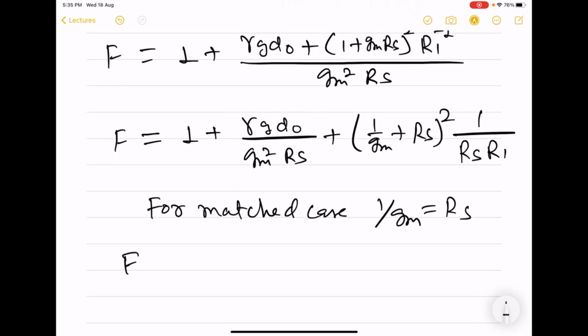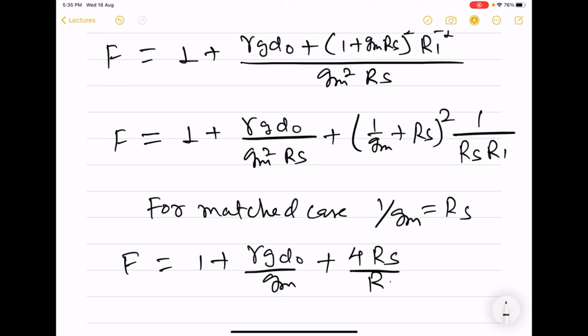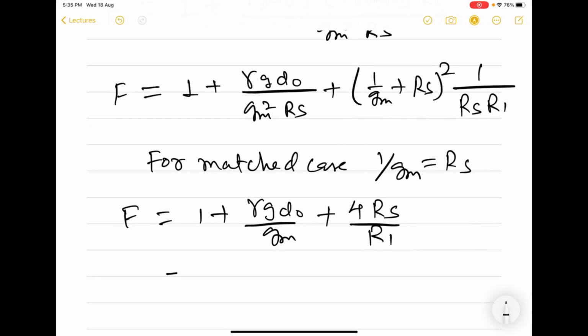So this will simplify F to be 1 plus gamma GD0 by GM plus 4 RS by R1. And 1 by GM is again RS. So this becomes gamma GD0 RS plus 4 RS by R1.